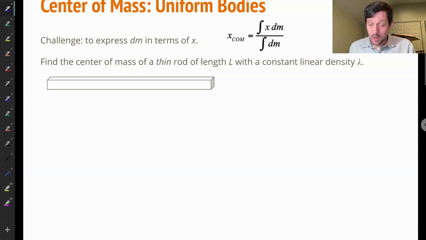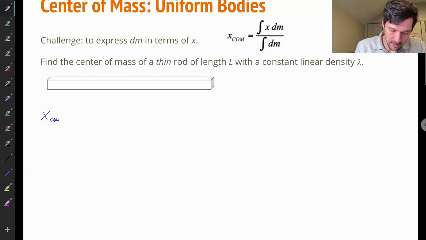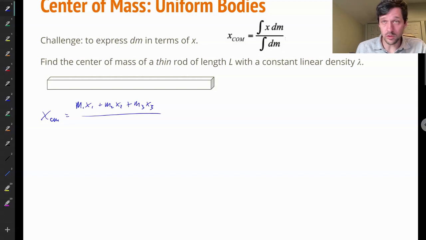So to begin with, let's just refresh from what we've seen earlier when we're talking about center of mass. The formula for center of mass would be m1 times x1 plus m2 times x2 plus m3 times x3, all over the total mass, which would be m1 plus m2 plus m3.